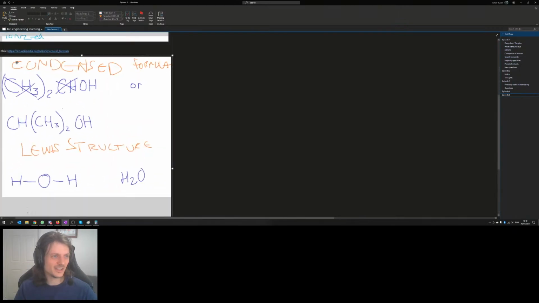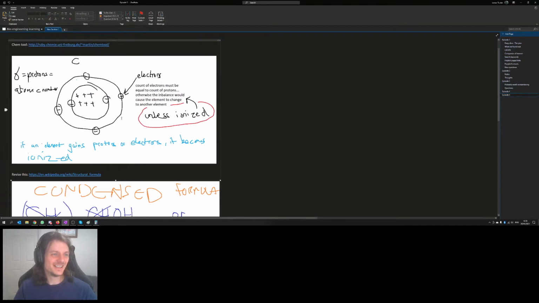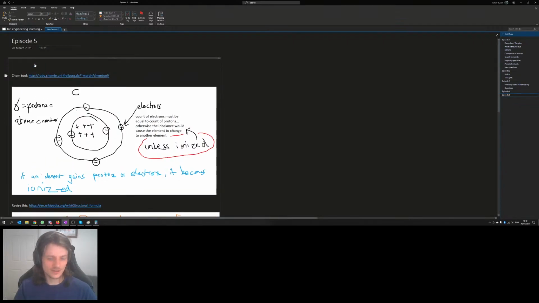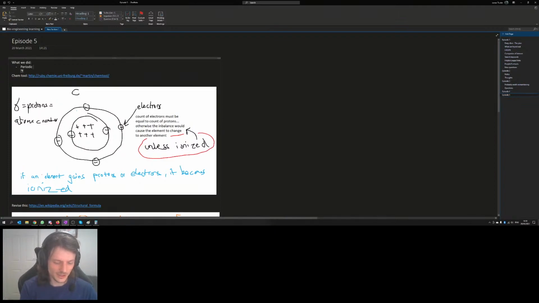That is super exciting that we started to figure out the periodic table. What we did: periodic table, and I found this nice periodic table here.